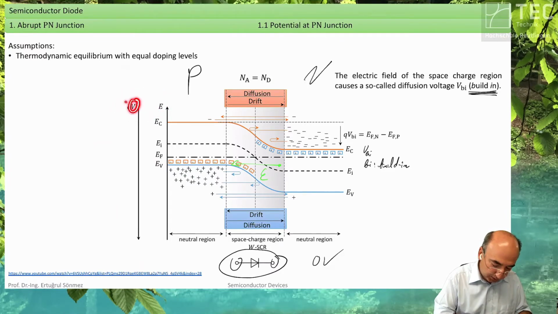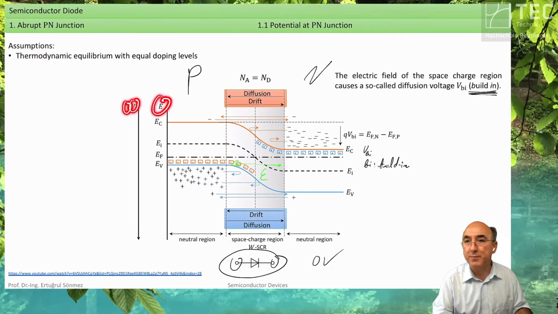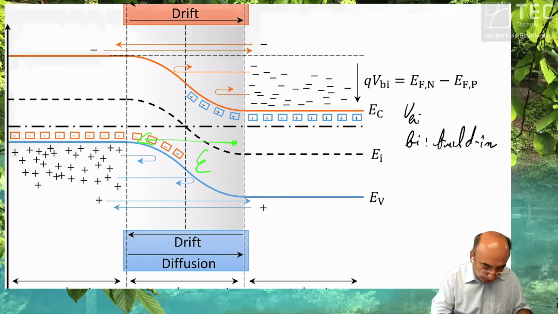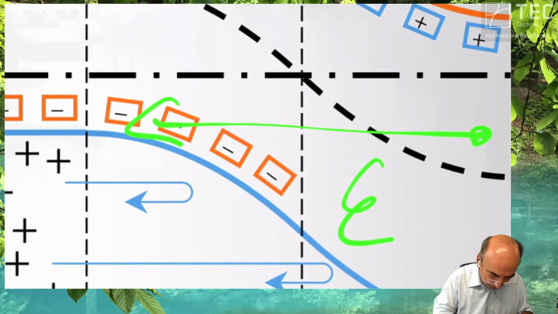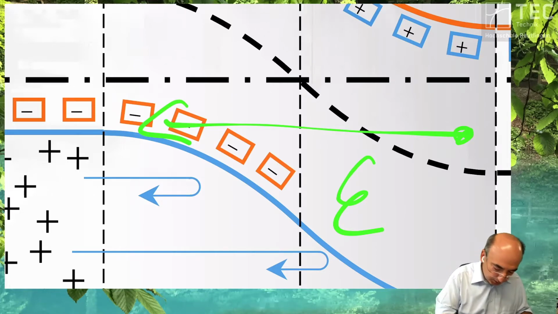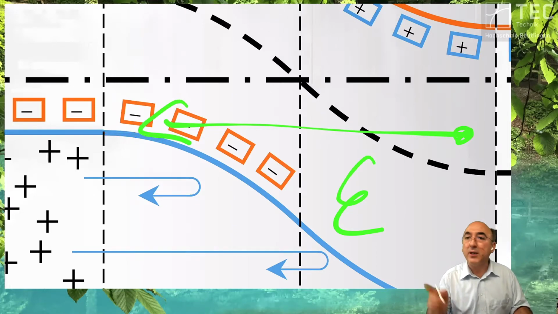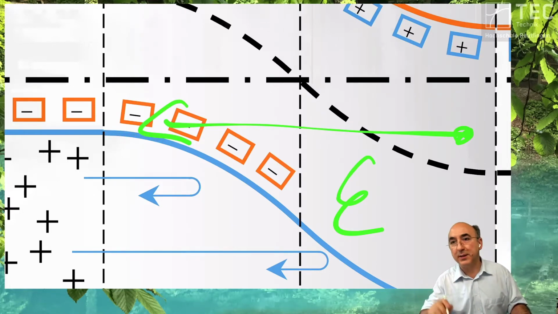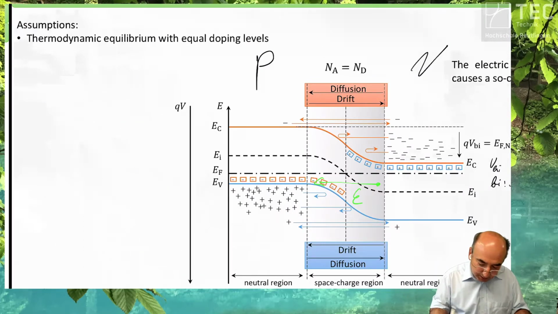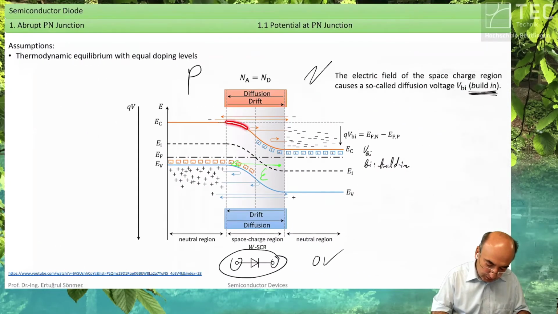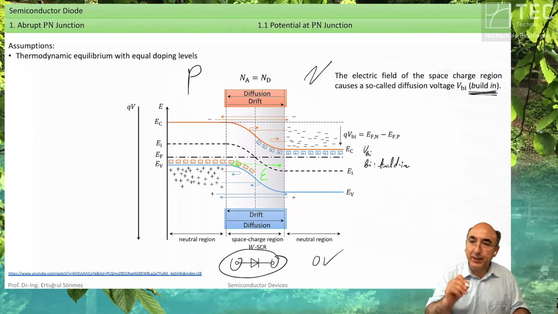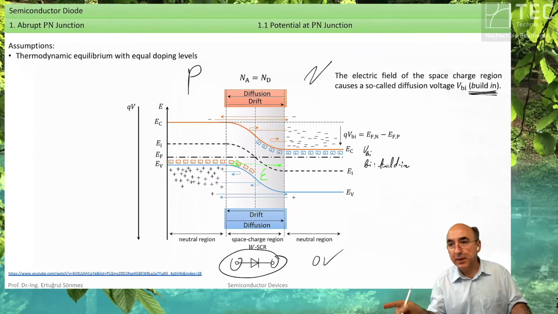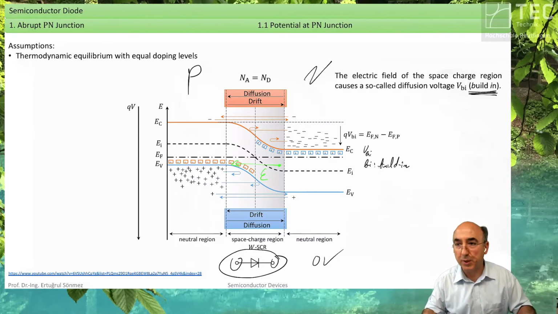So the potential times Q is the energy. And all these graphs in my lectures you see here are a copy from the Excel calculation. So these bendings you see here are not sketched by hand. They are plotted by Excel and pasted into PowerPoint.